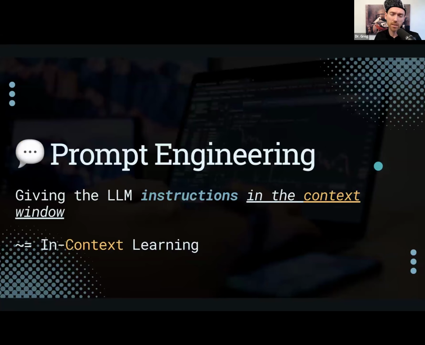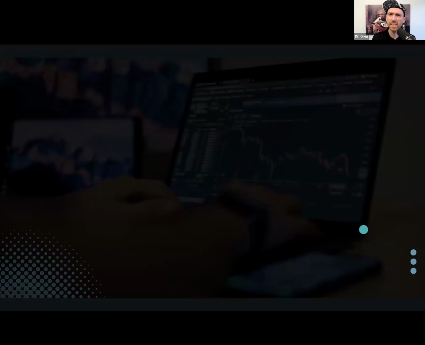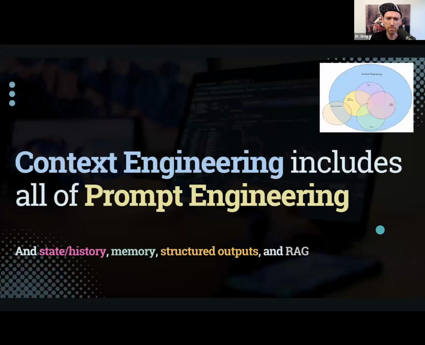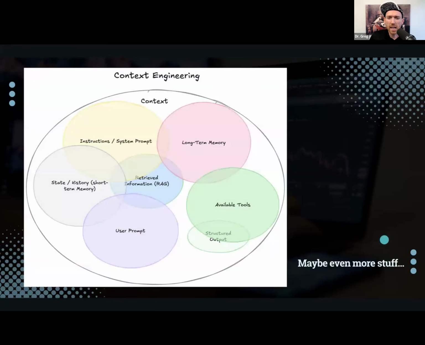And it's going beyond prompt engineering too, which we didn't talk much about, but this is just literally giving the LLM instructions in context. As we've seen, context engineering has kind of subsumed prompt engineering. And context engineering includes all of prompt engineering, as well as state and short-term memory, structured outputs, RAG, lots of stuff, including tools.